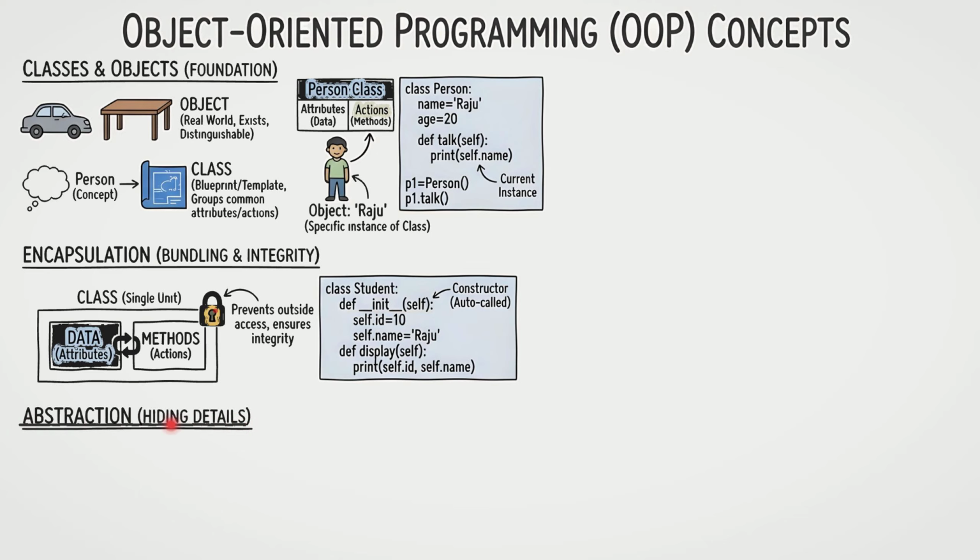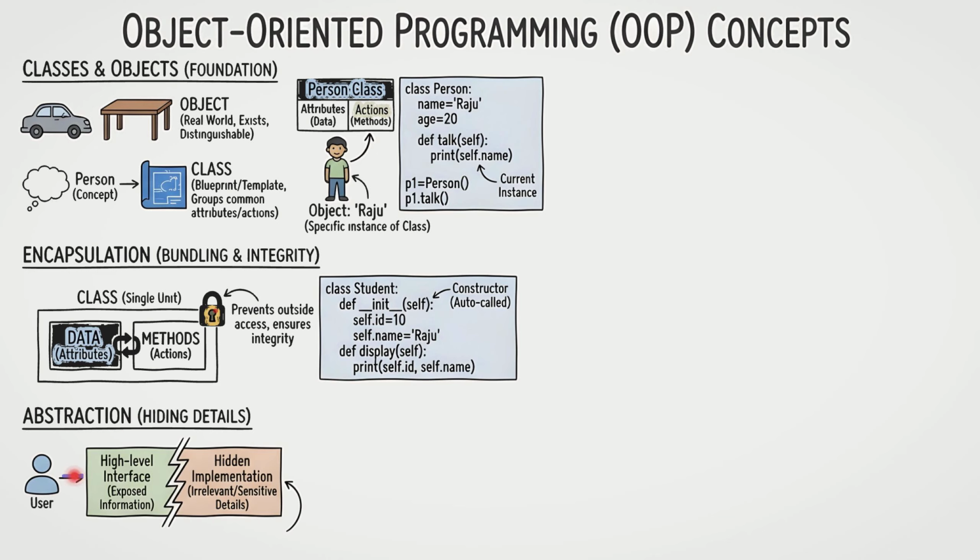Next is abstraction. This is the process of hiding irrelevant or sensitive details while exposing only the necessary information to the user. As a user, you just want to interact with the high-level interface without needing to understand the complex hidden implementation details behind the scenes.